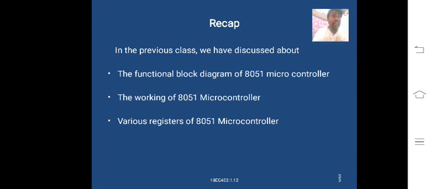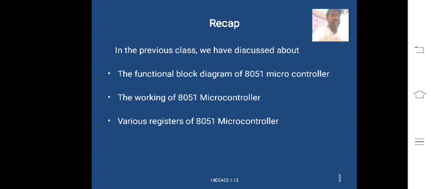And also we discussed the various registers of 8051 microcontroller. Generally, the register organization of 8051 microcontroller is divided into three main categories.